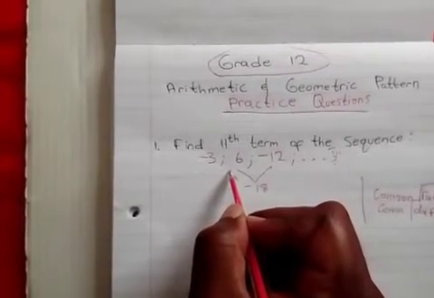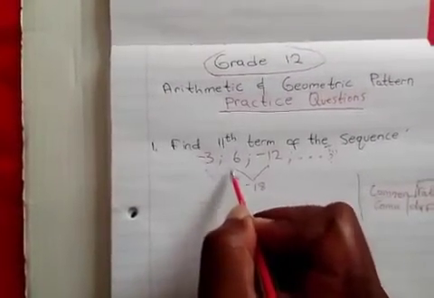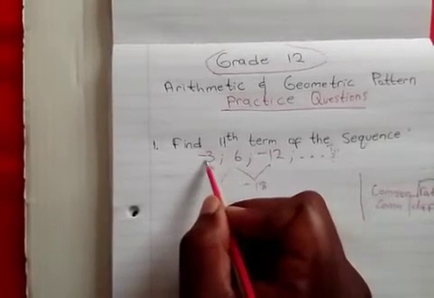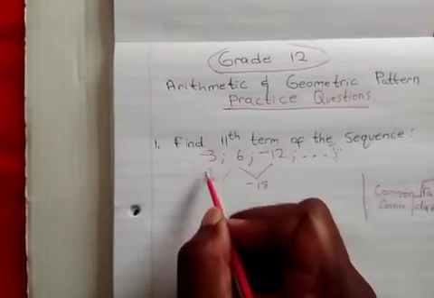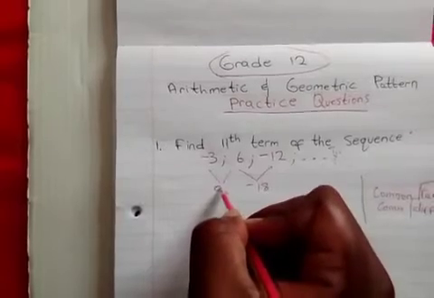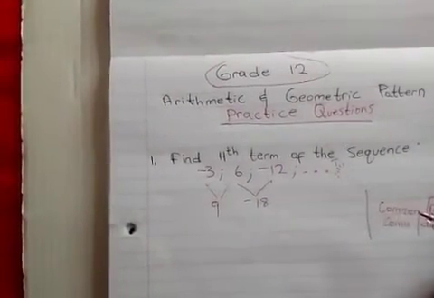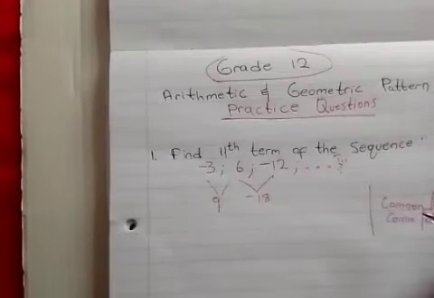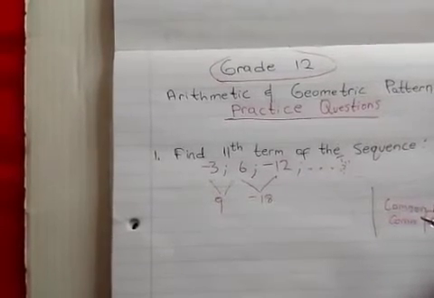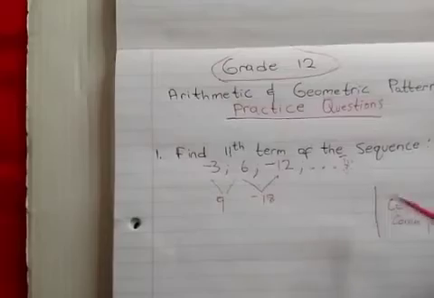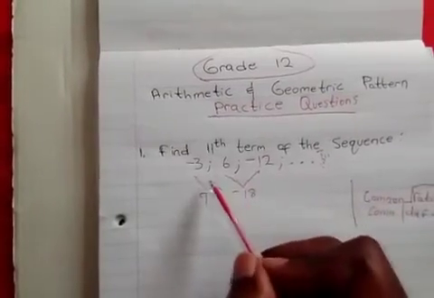So that is going to be a +9. So we don't get a common difference here. That tells us it's not an arithmetic sequence that we are dealing with here.